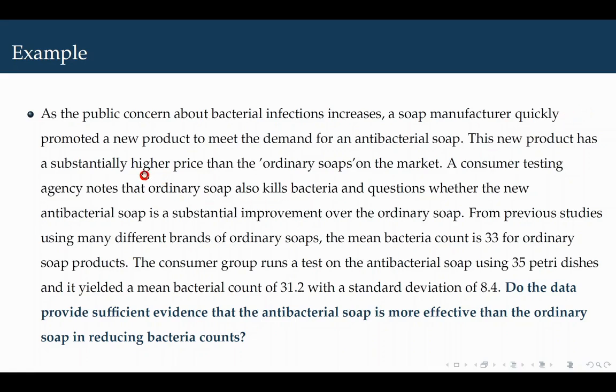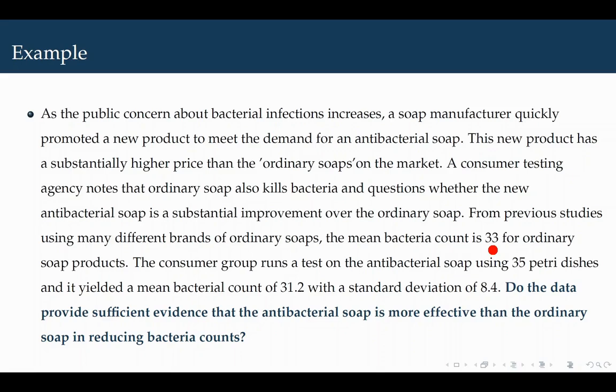So in terms of price, the new soap has a higher price, but the question of interest is whether this new antibacterial soap has a substantial improvement compared to the ordinary soap. From previous studies, using many different brands of ordinary soaps, the mean bacteria count is 33 for ordinary soap products.